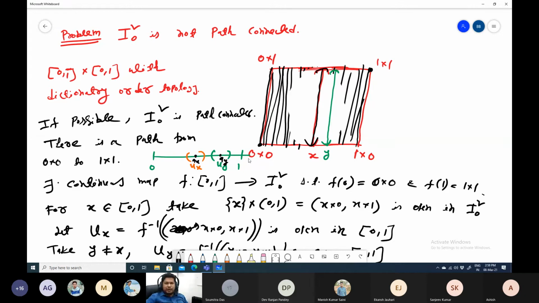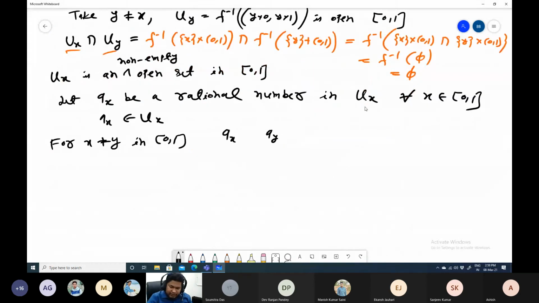So for distinct x and y, we have two distinct rational numbers. So this must be not equal to this. Now we already get a contradiction. Can you tell me which contradiction we get? The number of rational numbers between 0 and 1 will be uncountable. Exactly.